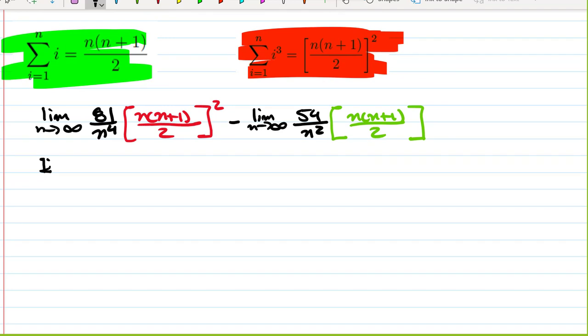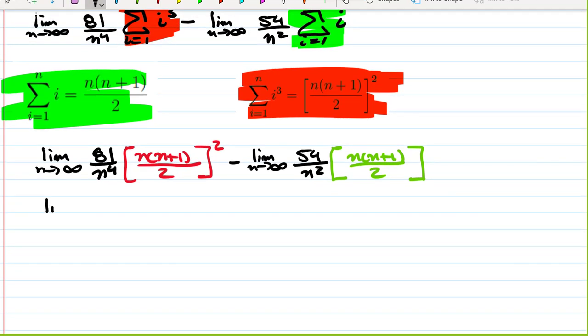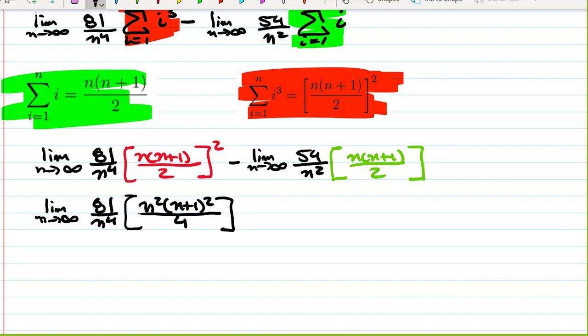So we have our limit as n goes to infinity of 81 over n to the fourth. Well, if I square n times n plus 1, that's going to give me n squared times n plus 1 squared all over 4, minus the limit as n goes to infinity.